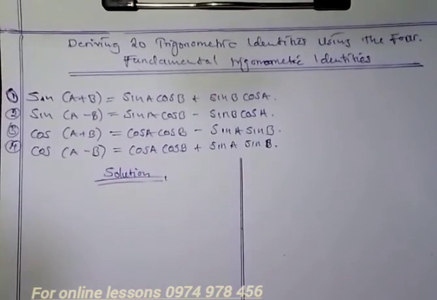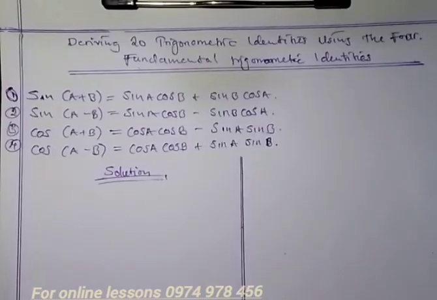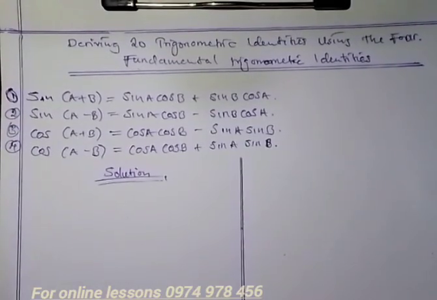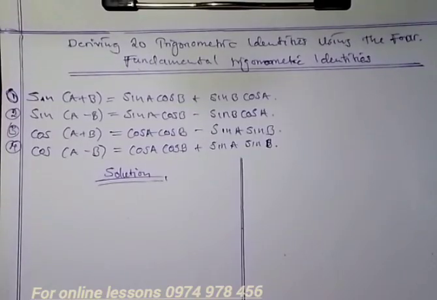Alright, so we are looking at trigonometric identities, deriving the 20 identities using the 4 first fundamental trigonometric identities.